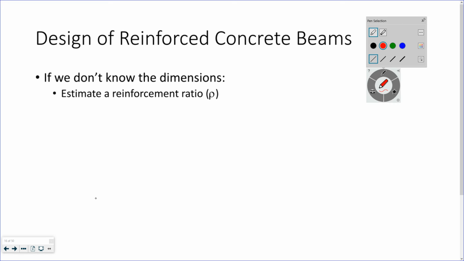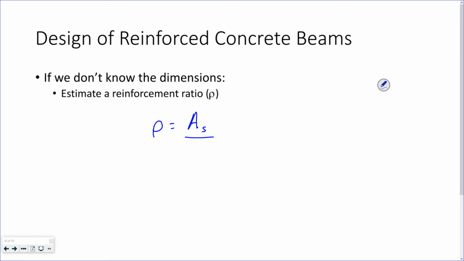So what we're going to do is start out with a reinforcement ratio. If you recall, the reinforcement ratio is the area of steel divided by your beam width and your depth to your tensile reinforcement, which is basically your effective area of concrete.